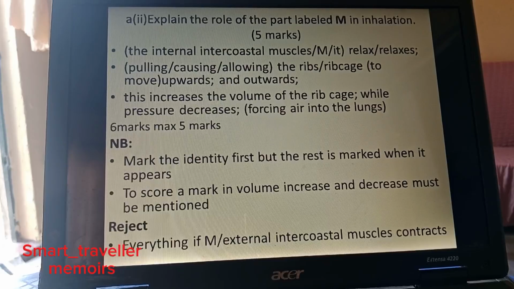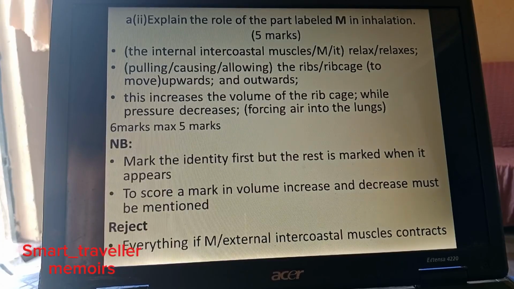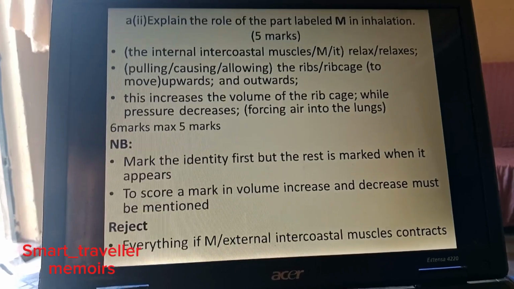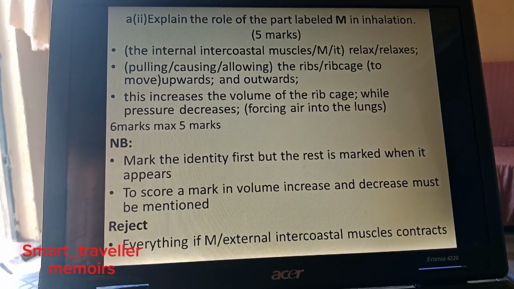The role of part M in inhalation. M is internal intercostal muscles. So the internal intercostal muscles relax, or it relaxes, pulling, or causing, or allowing. Remember, guys, you select one.